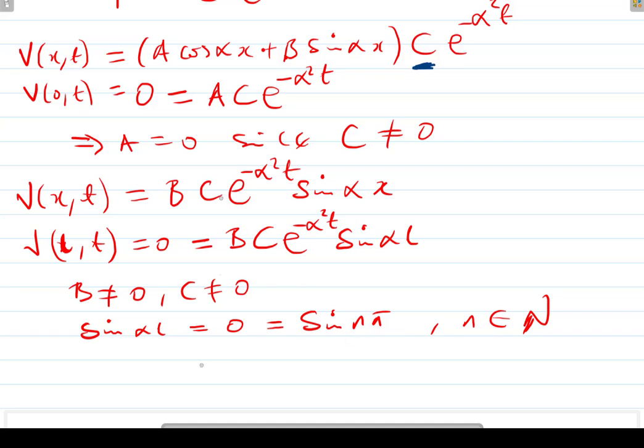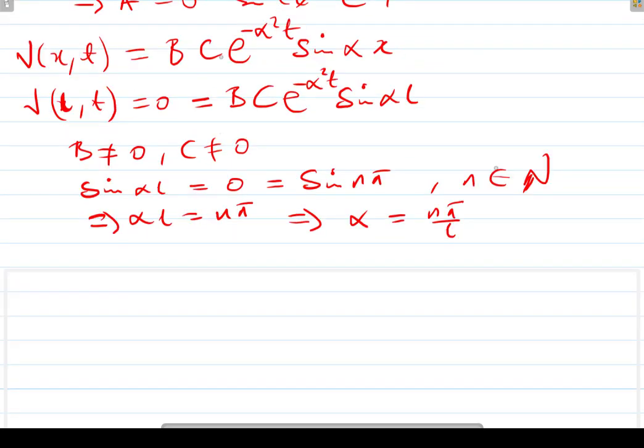Now what does that mean? It means that alpha L is equal to n pi. Now what does it mean? It means that alpha is equal to n pi over L. That's the meaning. Alpha is this, n pi over L. That's our alpha.